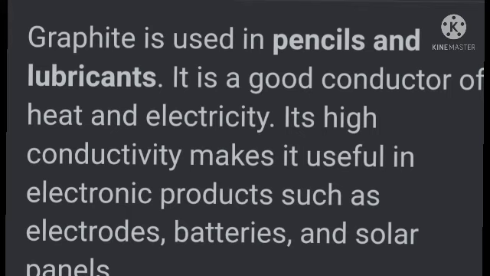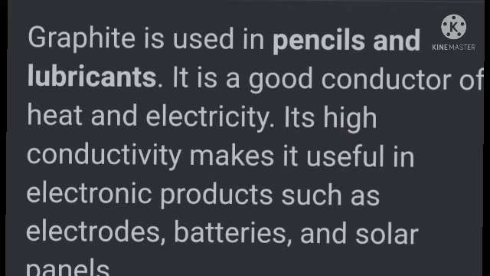It can withstand a large amount of heat. So because of this reason, it is used for making laboratory crucibles. It is a good conductor of heat also. This is the third use of graphite.